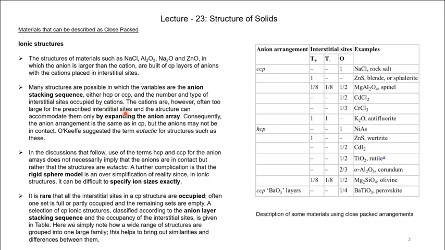Well, there are some cations which are often a bit larger than anions, and in that case, to accommodate this cation, we expand the anion array. That was termed by O'Keeffe as eutactic structures.